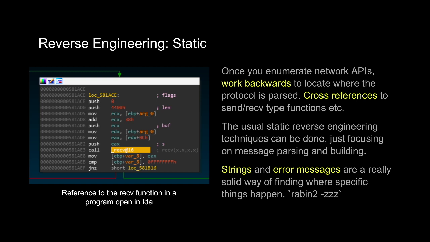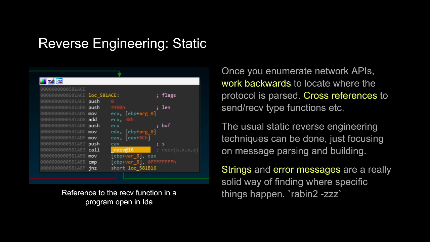I wrote a tool called Import Sort, which is also on the resources page, which was able to take a big folder full of DLLs and executables on Windows and tell you all of the import functions and DLLs that they're calling, so that you can quickly figure out which of the hundreds of files you might be looking at are calling network stuff or things that you're looking for. Once you figure out what these APIs are, the cross-references in any static reverse engineering tool is typically where I start.